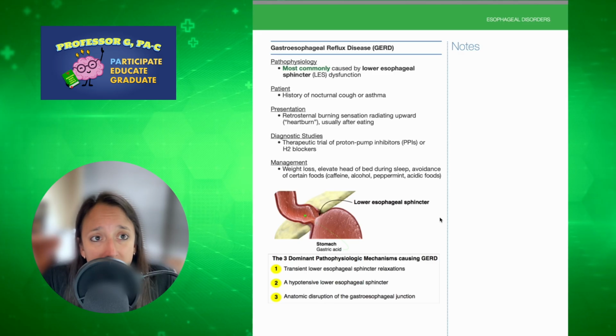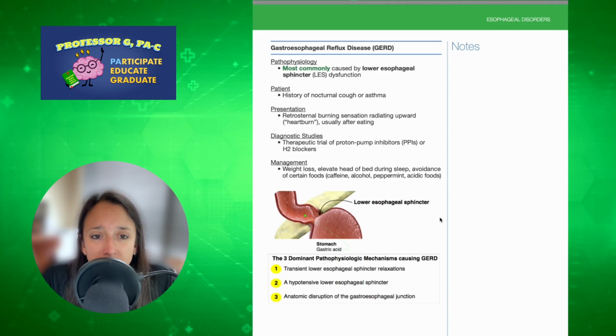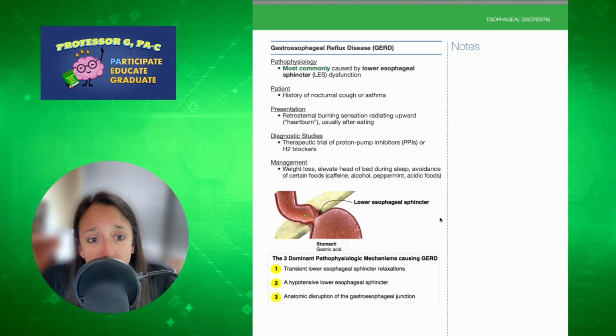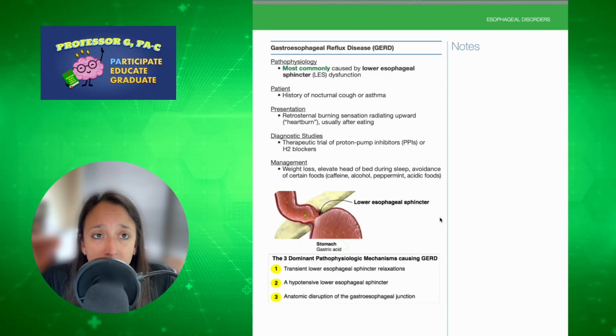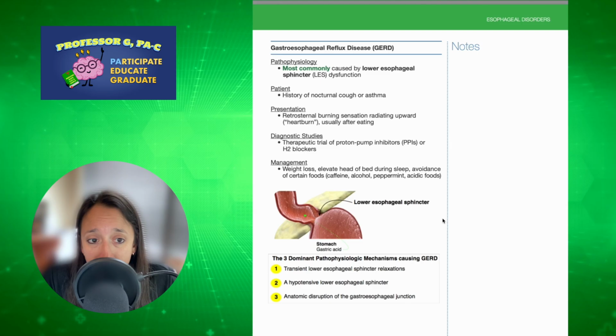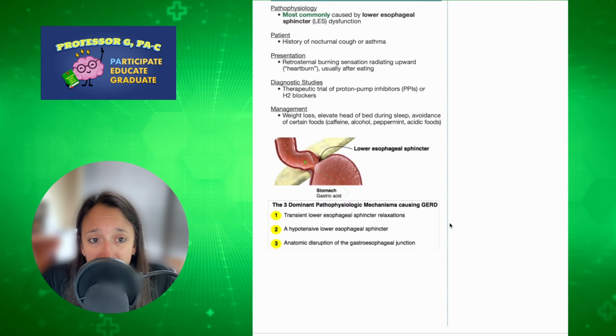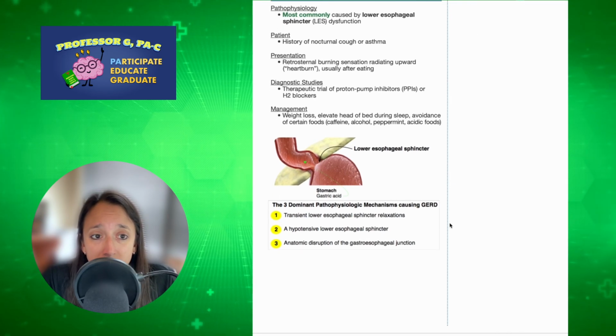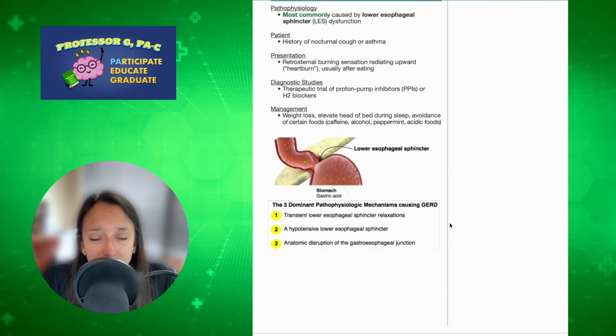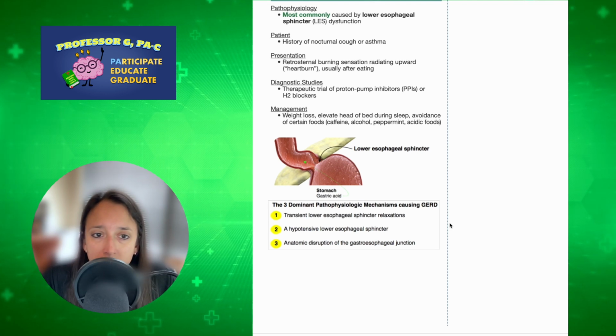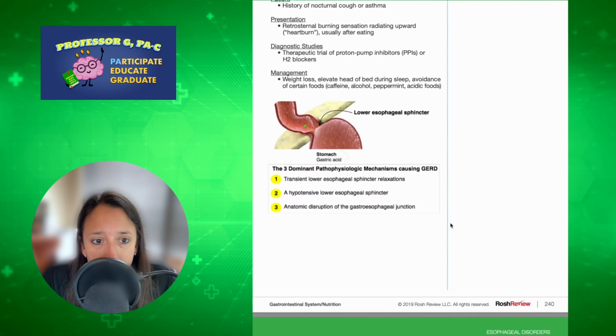If they're mild, less than 2 episodes a week or every 2 weeks, or after they just eat certain things, we can try H2 blockers. But if they're any more than that, we want to try them on PPIs. Management, we also want to tell them all the supportive care things like losing weight, elevating the head of the bed, avoiding certain foods, and not eating late at night.